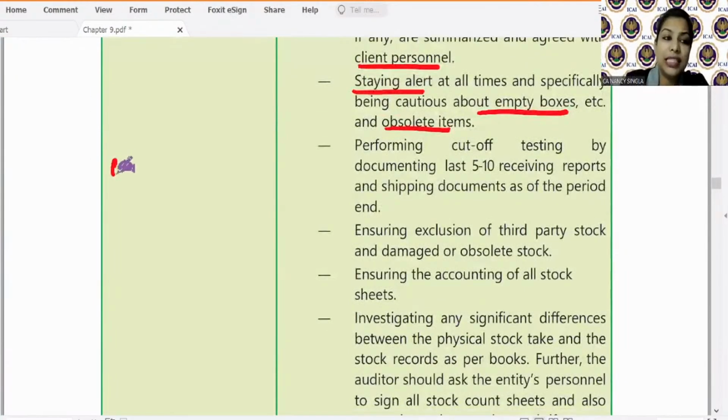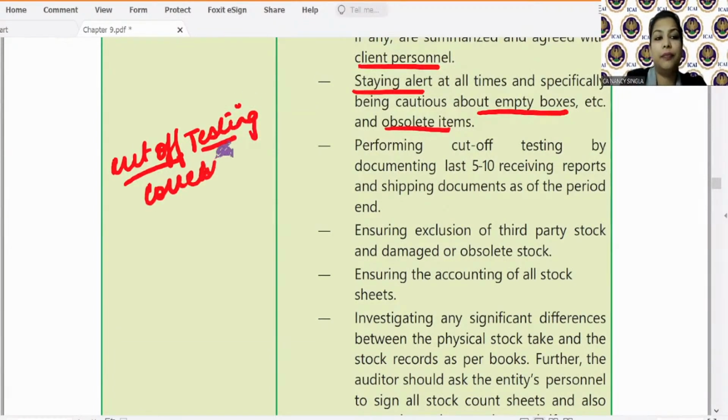Cut-off testing. What is cut-off testing? So what is cut-off? Whether the inventory pertains to the correct period, right? It should not happen that this inventory needs to be considered in the next financial year, though it has been considered here in the year under audit, or vice versa, right? So what will the auditor do?